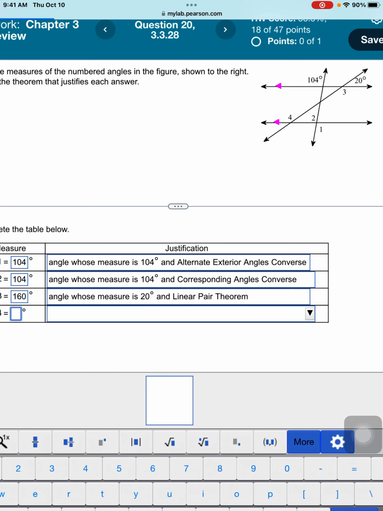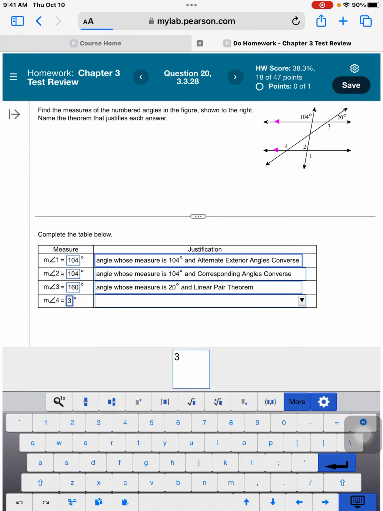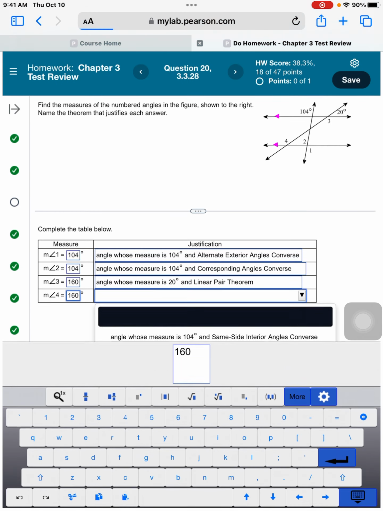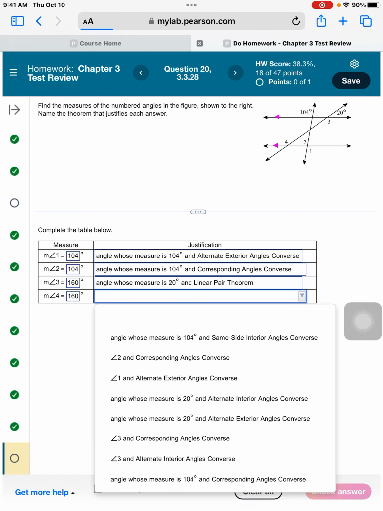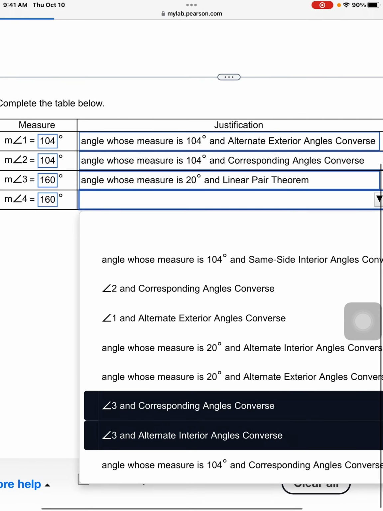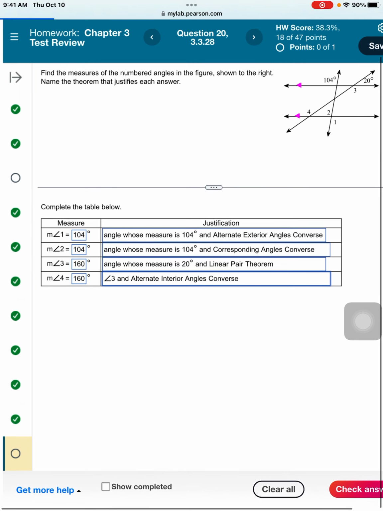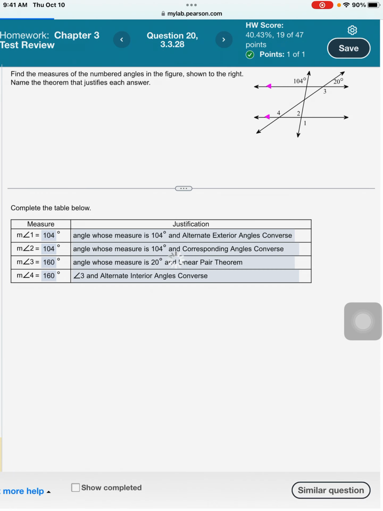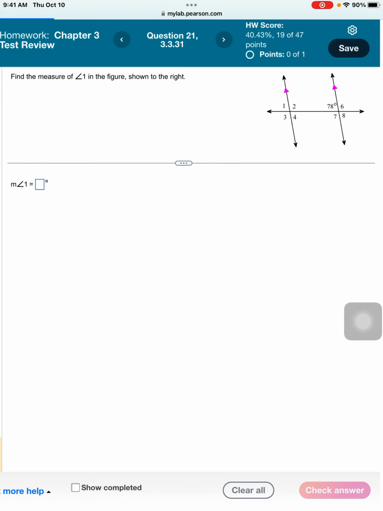And if 3 was 160, then so is 4, because I'm looking at measure angle 3 and alternate interior. Okay. I think that one's a tough one.